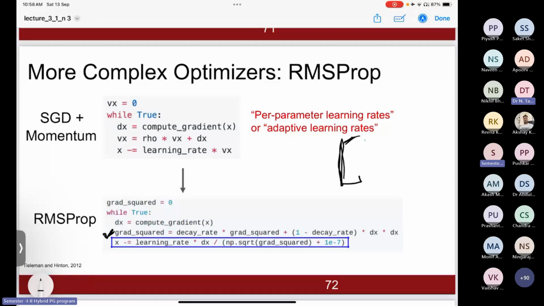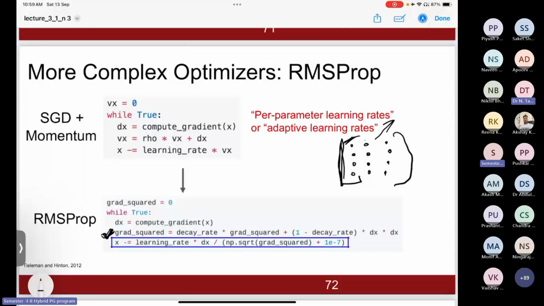So RMSProp comes up with the idea that I'll make every direction, every change, be on the same page. That means after applying this, whatever I'm going to propose here, every gradient will be having a similar value. Okay.